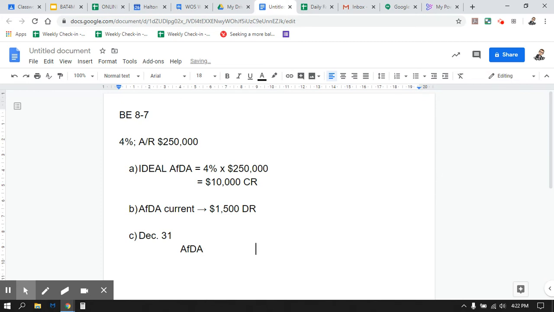AFDA will have to be credited for $11,500. That will give me a new credit balance after this of $10,000. But I always have to use bad debt expense as well. Notice that I'm not calculating bad debt expense. I'm calculating AFDA. I'm simply putting bad debt expense to balance out that transaction.